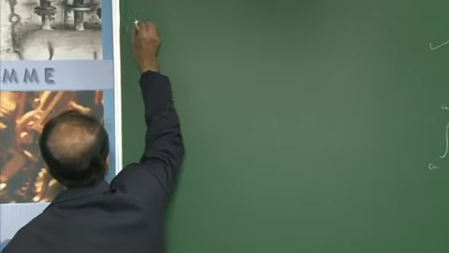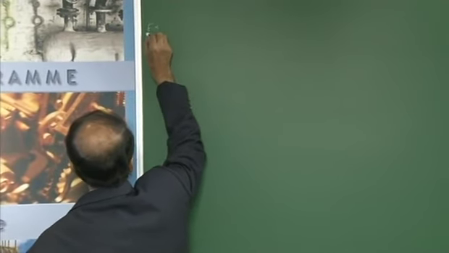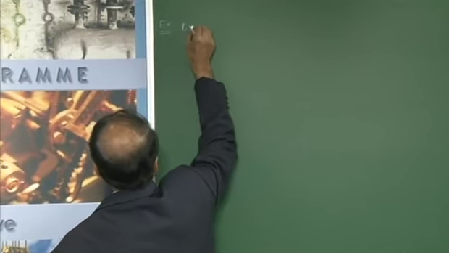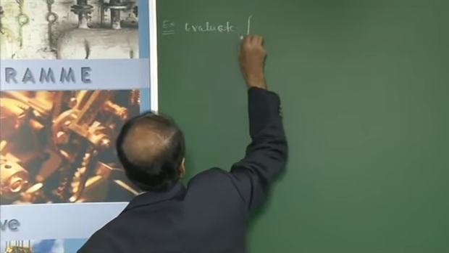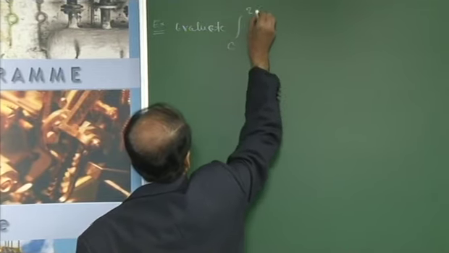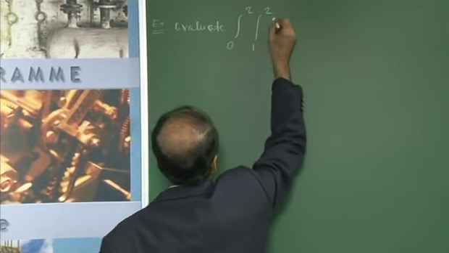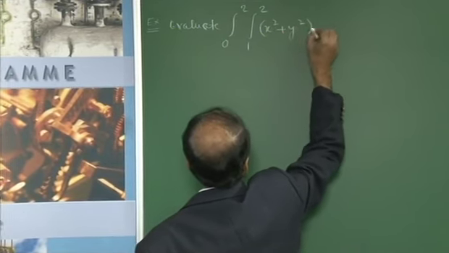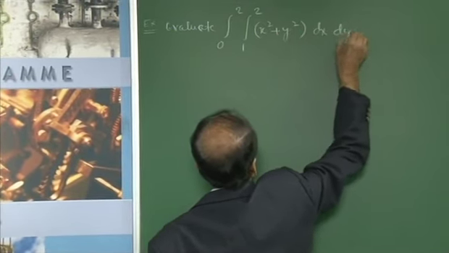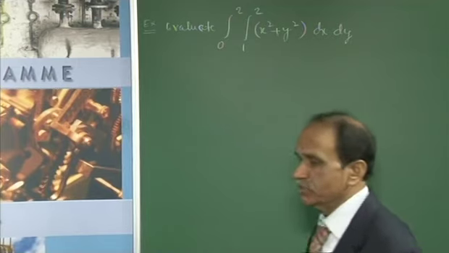The example, how the concept goes: evaluate the double integral 0 to 2 and 1 to 2 of x square plus y square dx dy.